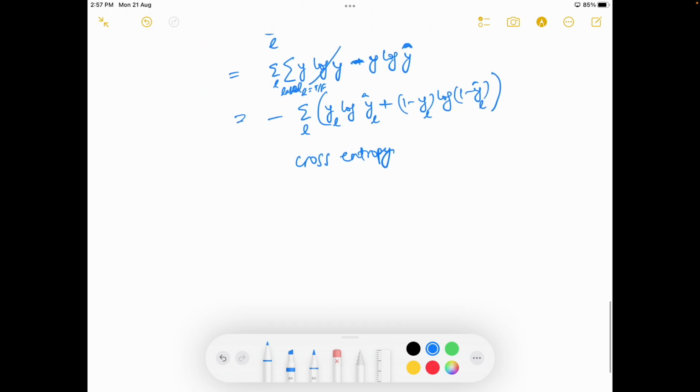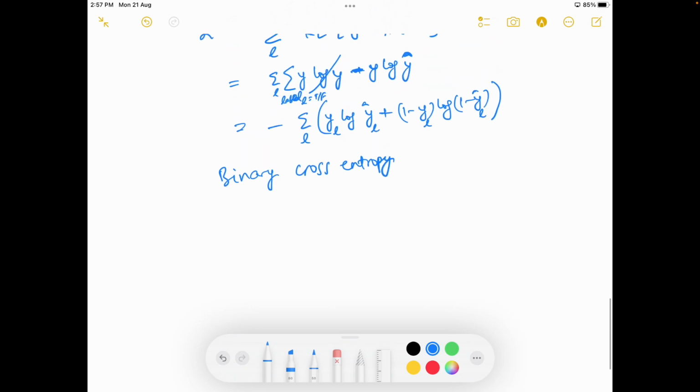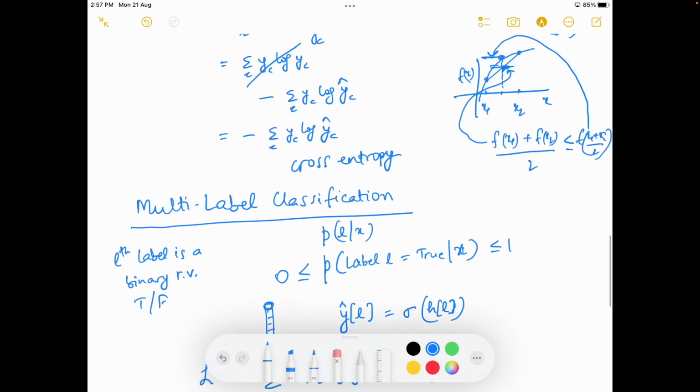This we call binary cross entropy, because you have binary random variables and then you average over all the cross entropies or over all the labels, right? And this cross entropy is called the categorical cross entropy, because this is a categorical random variable.